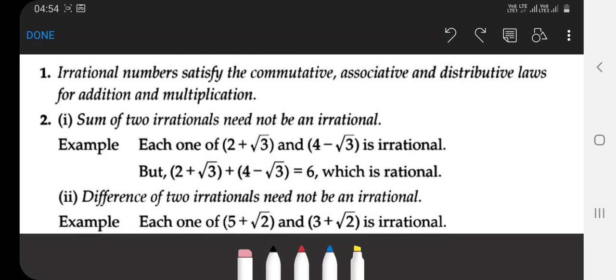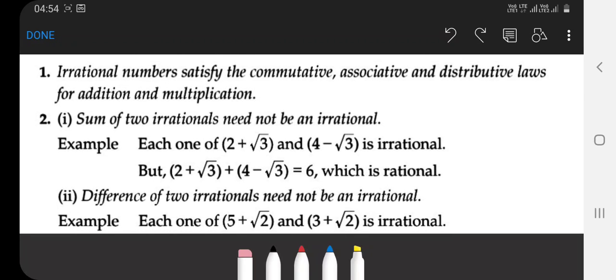Rule number 2: the sum of two irrational numbers need not be an irrational number. Either it is irrational or rational. In the first example, 2 plus root 3 and 4 minus root 3.